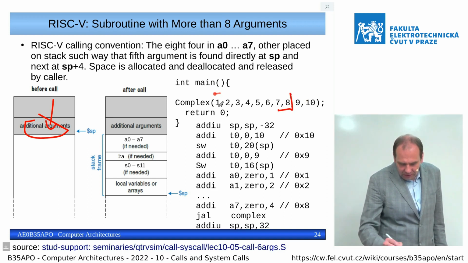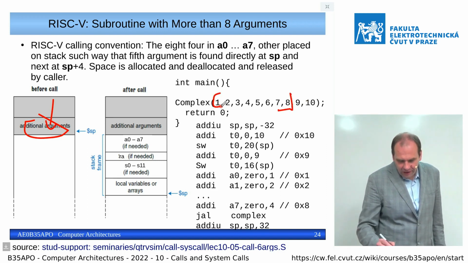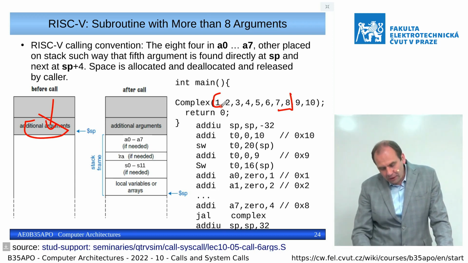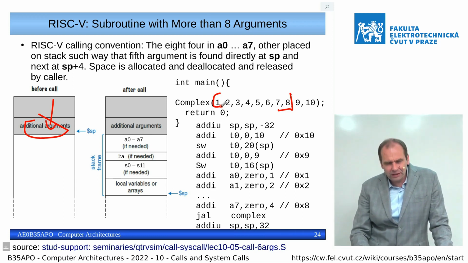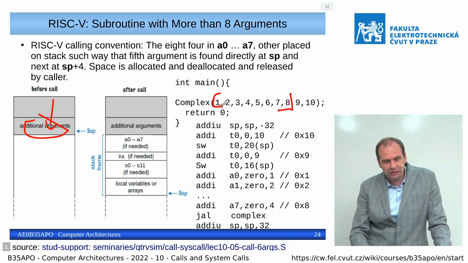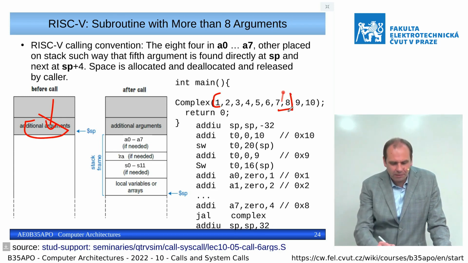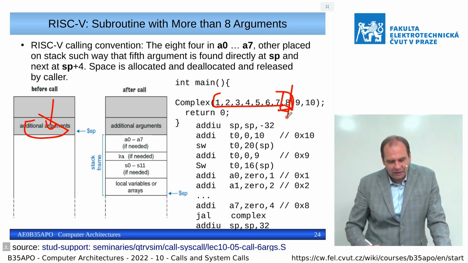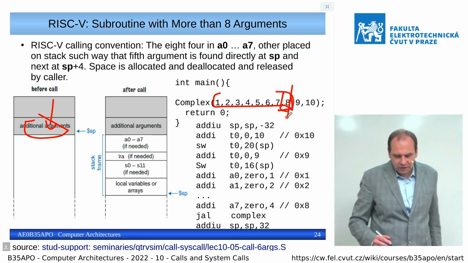In the case of RISC-V, the first 8 arguments, or if you have some smaller arguments, for example some structure which holds 2 characters, then it is possible somehow to pack more of those there. But the first 8 arguments are passed in the registers, and the rest is passed through the stack.